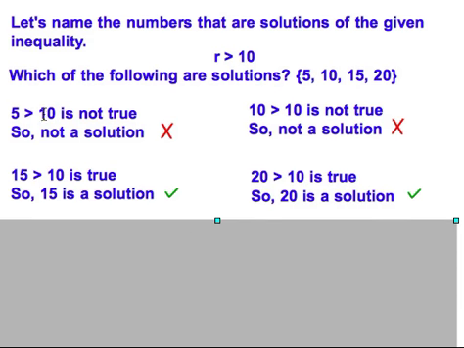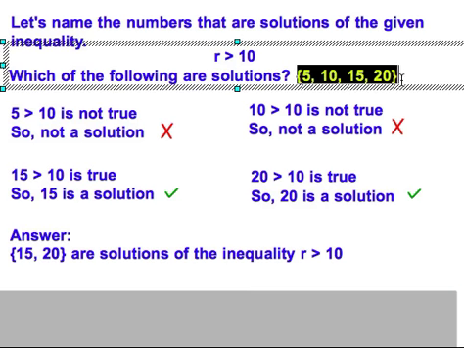So therefore, the solution set is 15 and 20. And there can be much more that would make this correct. However, out of these 4 given solutions, the only 2 that stand true for r would be 15 and 20.